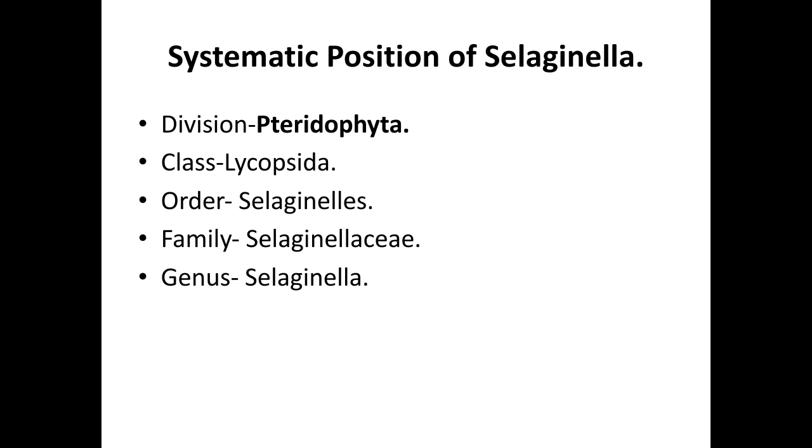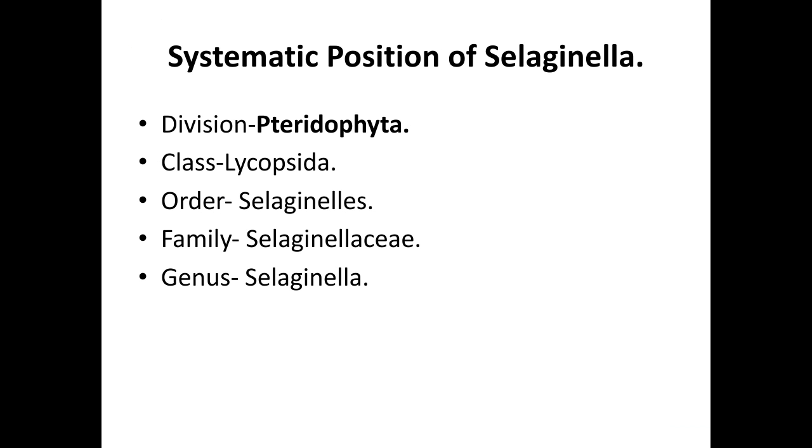And remember, now the genus Selaginella. Roots arise from rhizophores. Now at the point of bifurcation of the rhizophore, a leaflet structure is seen, and this structure gives rise to the root at the end.